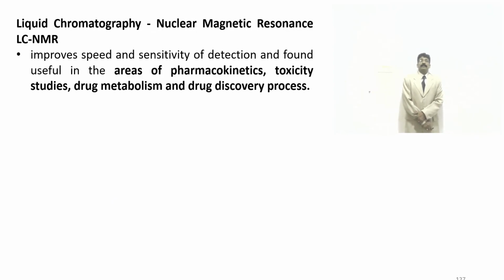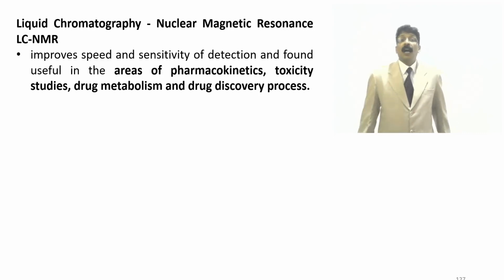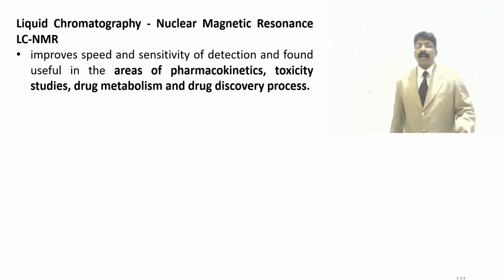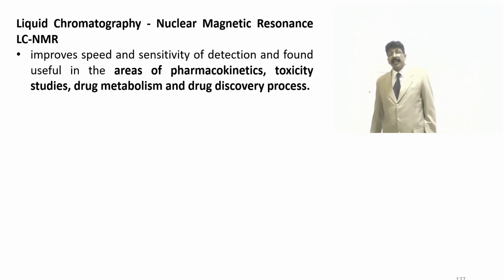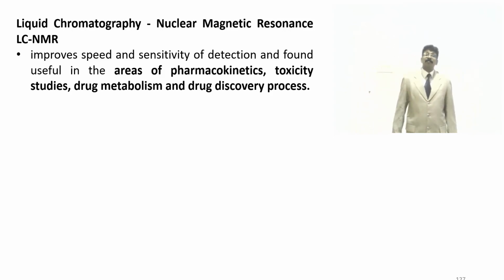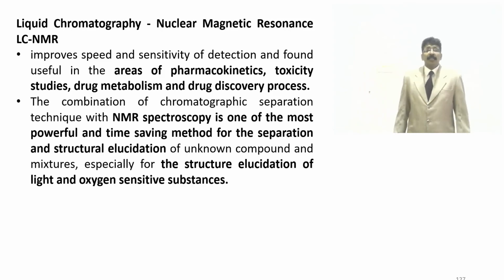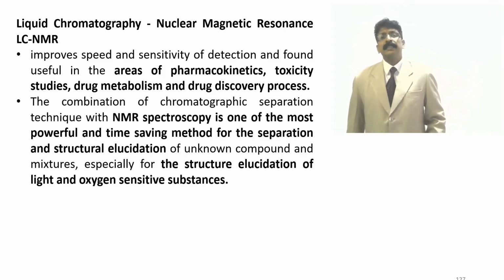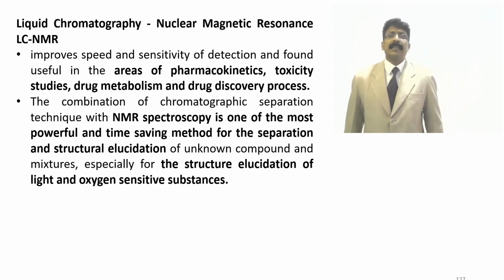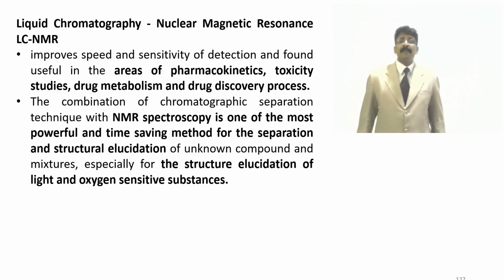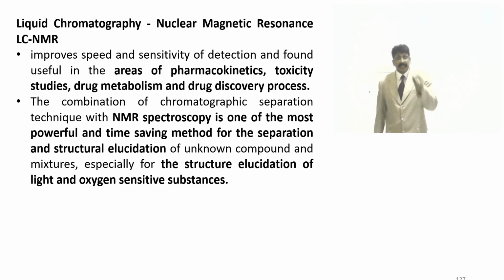LC-NMR improves the speed and sensitivity of detection and is found useful in the areas of pharmacokinetics, toxicity study, drug metabolism and the drug discovery process. The combination of a chromatographic separation technique with NMR spectroscopy is one of the most powerful and time-saving methods for structural elucidation.